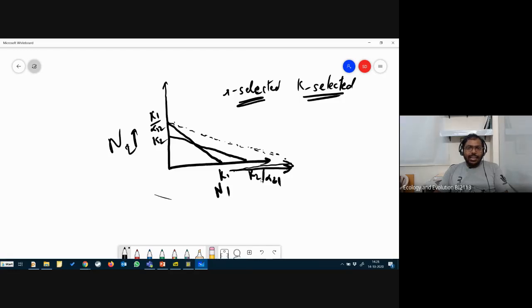This is the backdrop in which you get that. It is from this Lotka-Volterra competition equation, and the fact that this puts the constraint that this has got to be a straight line. In the context of this model, the only way for a species to become more competitive is to increase its K and nothing else. However, if you now think outside the model, outside the box, can you increase the competitive ability without changing K?